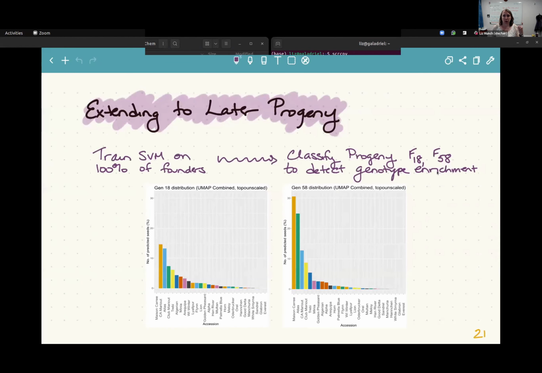We can also do things to try to figure out stuff about the later progeny, which is also super exciting. So remember, we trained all of our stuff on generation 0. And then what we did was we took the trained model we used on the original and used it to predict which founder we think they're most related to for seeds coming from the later generations.